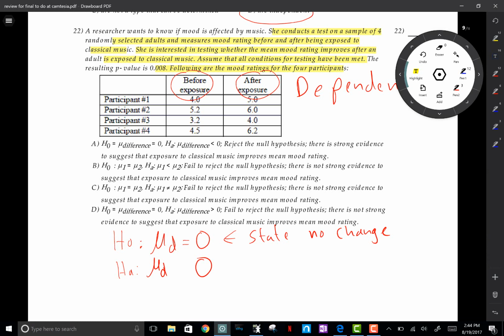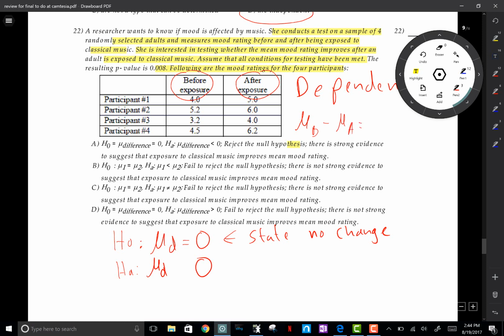So for this one, we just assume that what she did was before minus after. She got mu of before subtracted by mu of after.